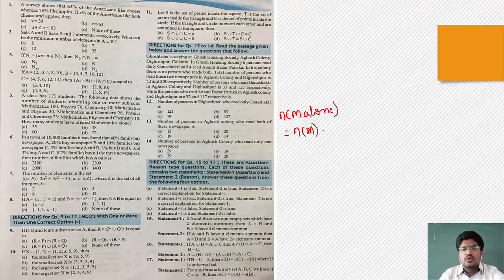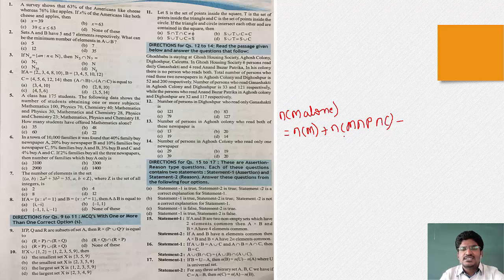So, with this n of M, you have to add n of M intersection P intersection C. Why we have to add this term, I will explain later, but first you understand this.